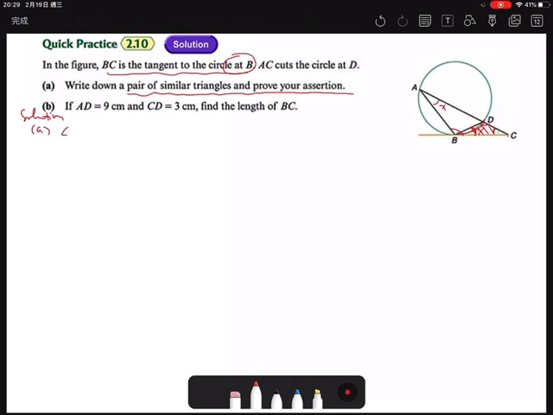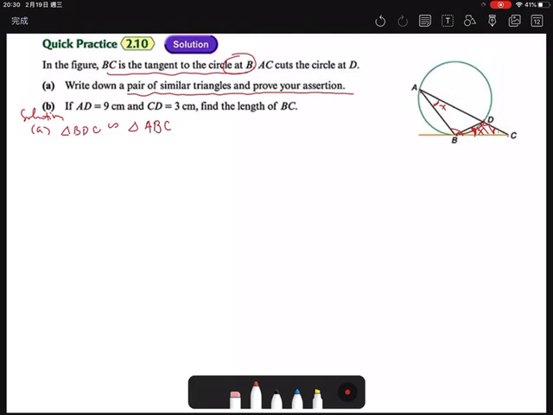We can identify that triangle BDC is similar to triangle ABC. Point B corresponds to A, because this angle equals this one. Then point D corresponds to point B, and the common angle is C. So we have triangle BDC similar to triangle ABC.